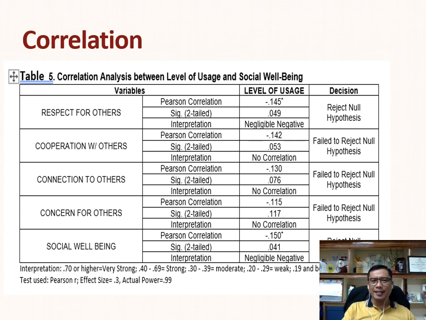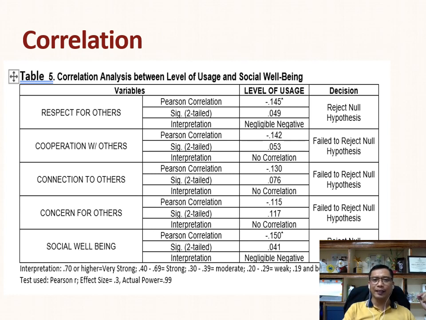Now, since there is a significant relationship, you should determine whether the relationship is positive or negative, and whether the relationship is very strong, strong, moderate, weak, or negligible. How would we know? You look into their Pearson correlation. This is also known as the R value.